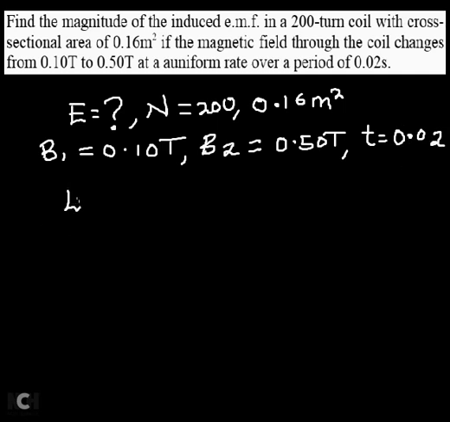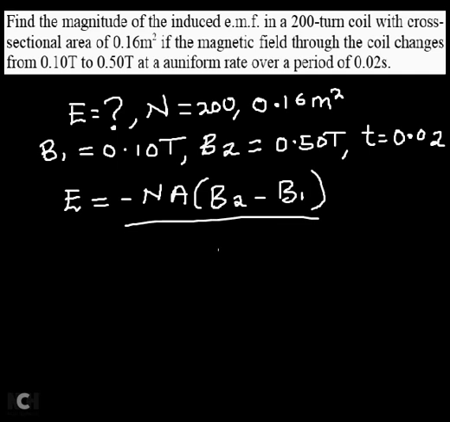All right, so the same formula: E is going to be equal to minus NA, bracket open, B2 minus B1, then divided by the change in the time T.